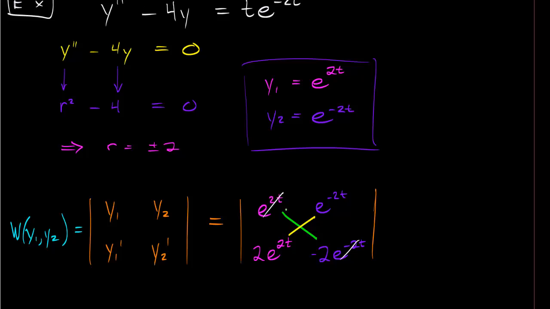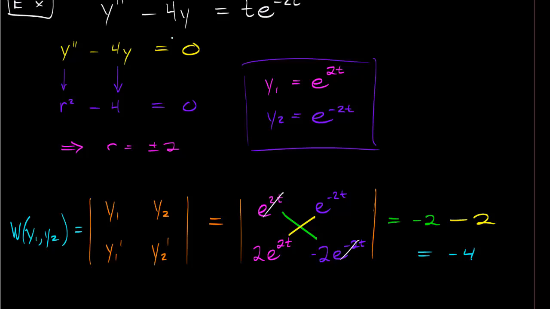But anyway, that product is 1, so all we're left with is that coefficient negative 2. What about those off diagonals? Well, we're going to subtract their product, and what we get is 2 times the same thing, times 1. So negative 2 minus 2 is the Wronskian, and this happens to be equal to negative 4.